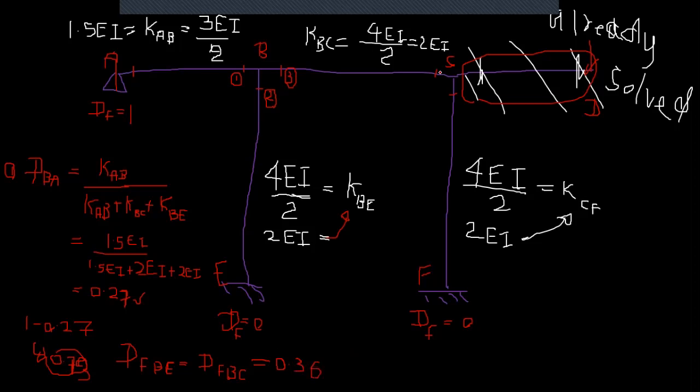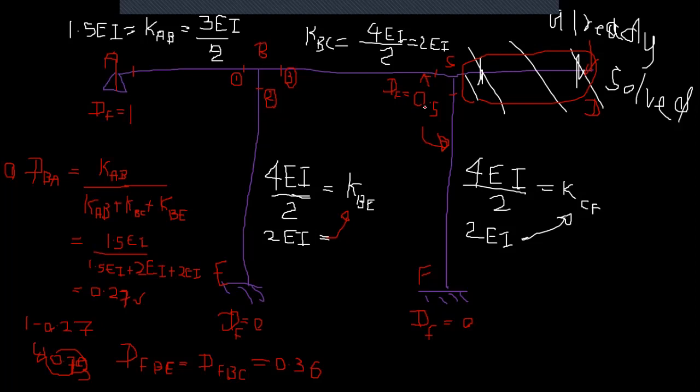Here both members have 2EI and 2EI. So the distribution factor would be 0.5 for each member. That's 2EI over 2EI plus 2EI, and for the other member as well, 2EI over 2EI plus 2EI, so 2EI over 4EI.